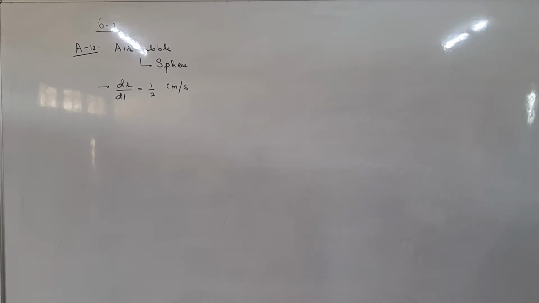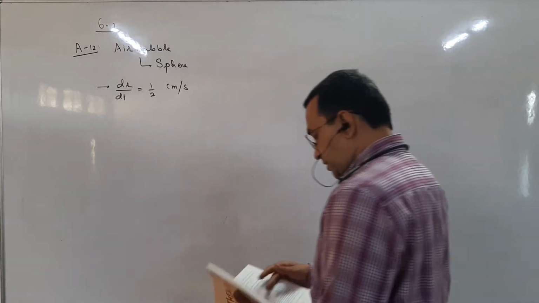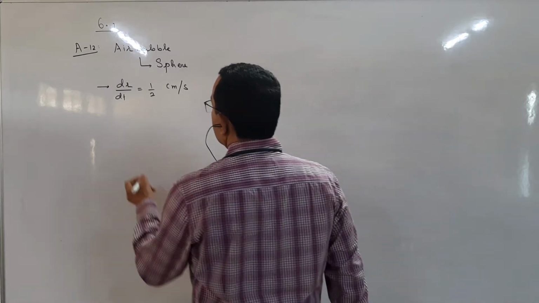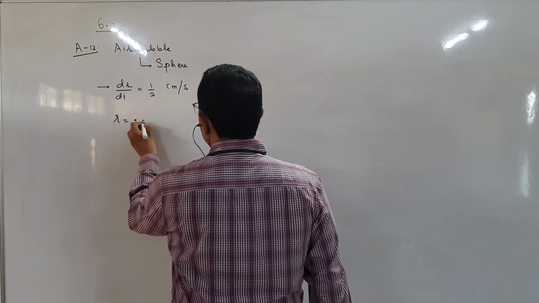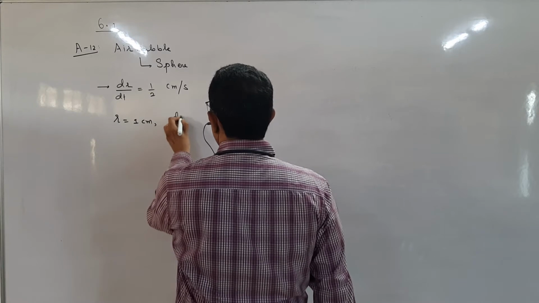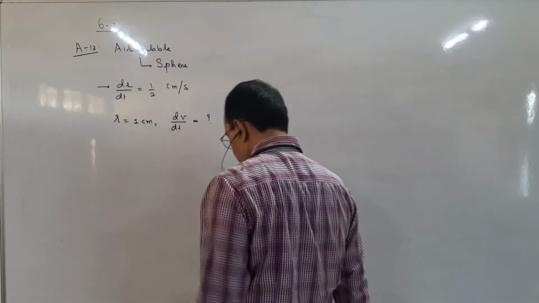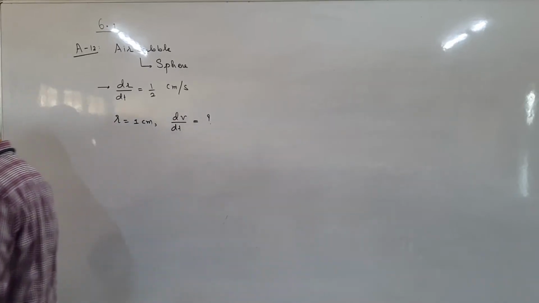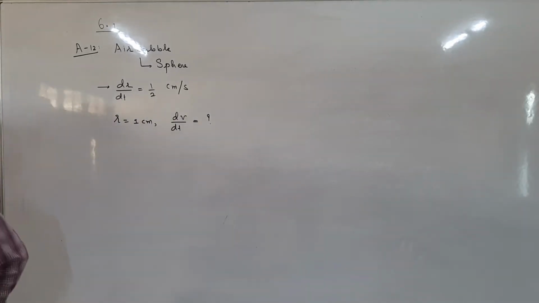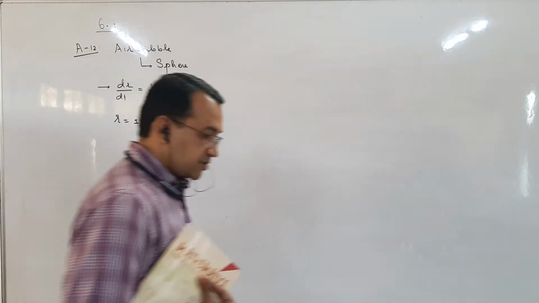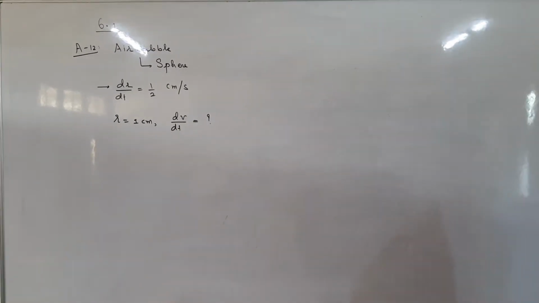At what rate is the volume of the air bubble increasing when the radius is 1 centimeter? So when r is equal to 1 centimeter, we have to find the rate of increasing volume, that is dV/dt.